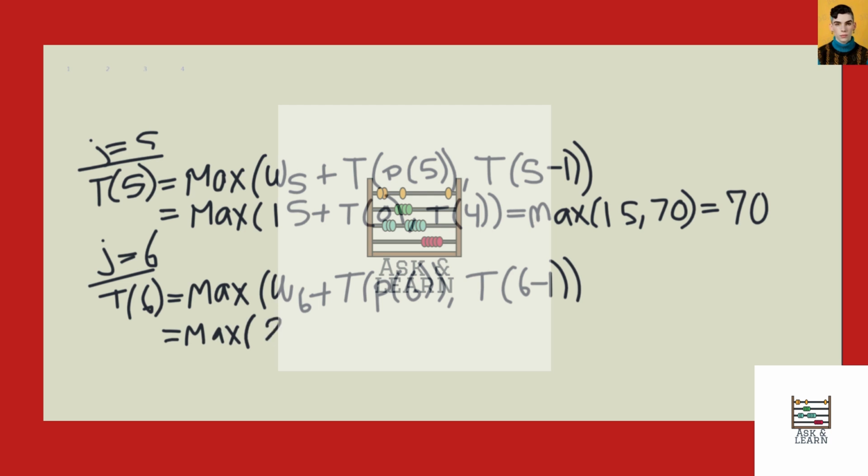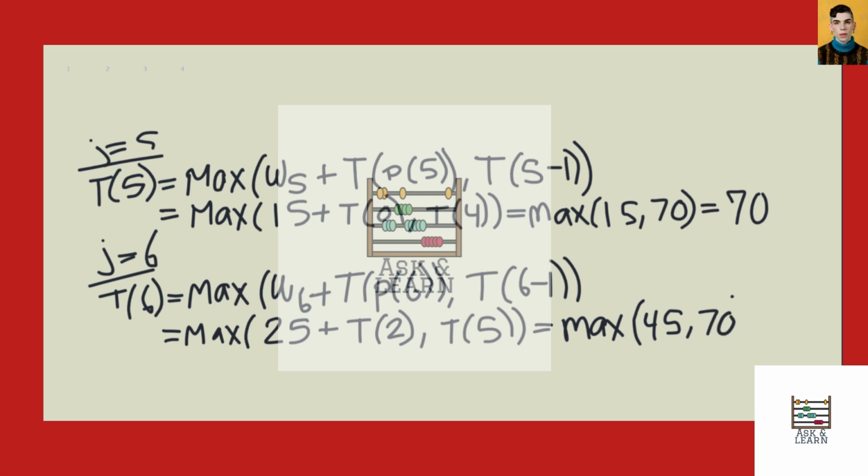And there was 25 people in this lecture, plus the compatible earlier lectures, it's 2, or T5. Well, this is equal to the maximum, and T2 is equal to 20, so that's going to be 45 or 70, so that'll be equal to 70.